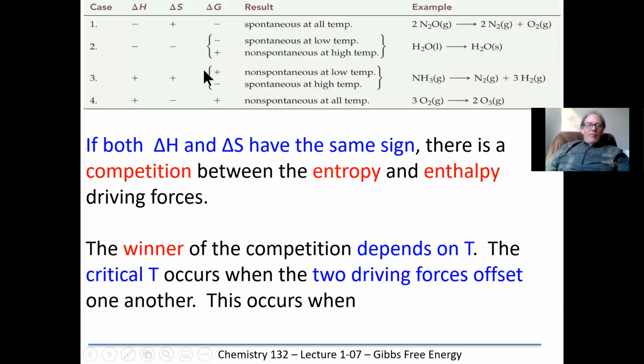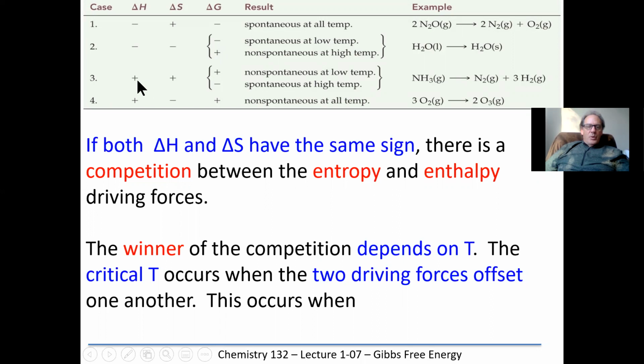So what if, though, delta H and delta S are opposing one another? One of the driving forces is favorable and the other driving force is not. In case number 2, we have an exothermic process with a randomness change that is becoming more organized. What is going to happen? Delta G could be either negative or positive.